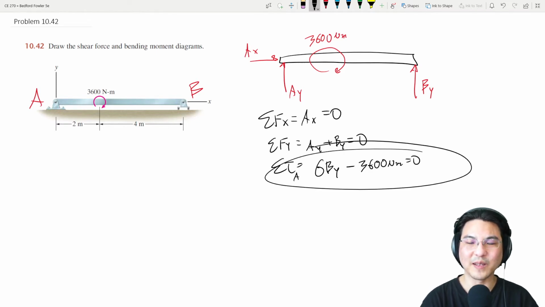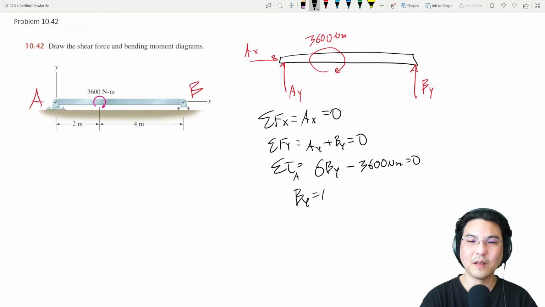So By has got to be 600, and then Ay is opposite of that, minus 600. Ax is 0.